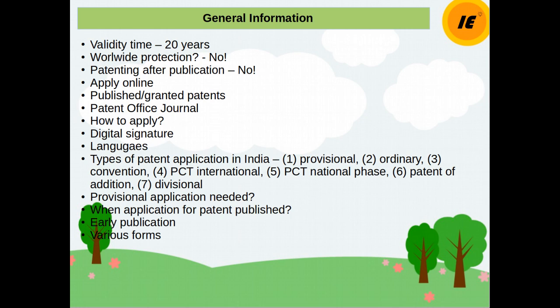When is an application for patent published? Every application for patent is published after expiry of 18 months from the date of its filing or priority date, whichever is earlier. Now, this is something important.